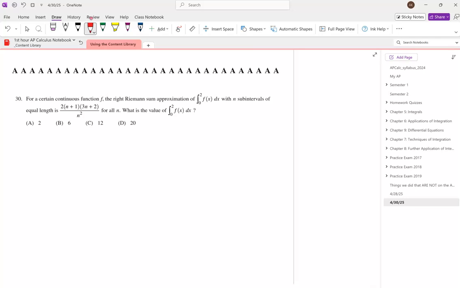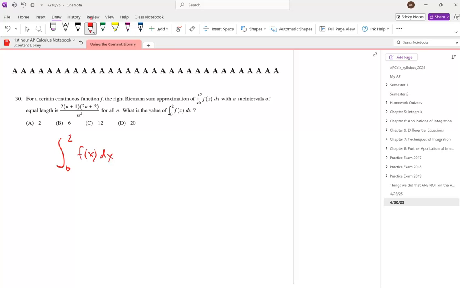So this is the idea. It says, for a certain continuous function f, the right Riemann sum approximation of the integral from 0 to 2 of f of x dx with n subintervals of equal length is that expression for all n. What is the value of that integral?